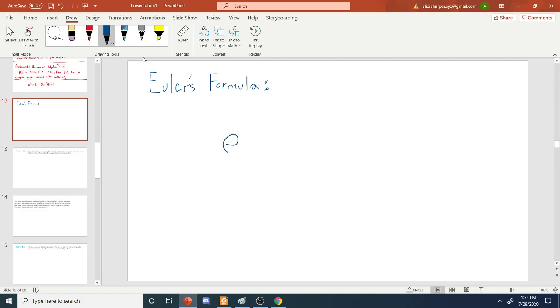So let e be the exponential function, and I'm going to consider e to the (a plus bi) times x, where a and b are real numbers.